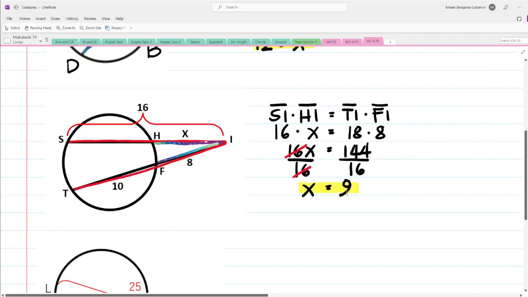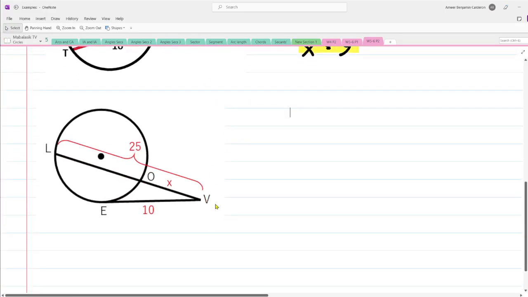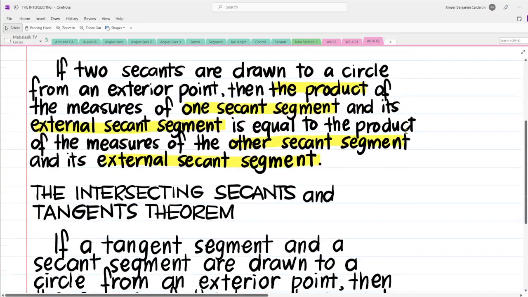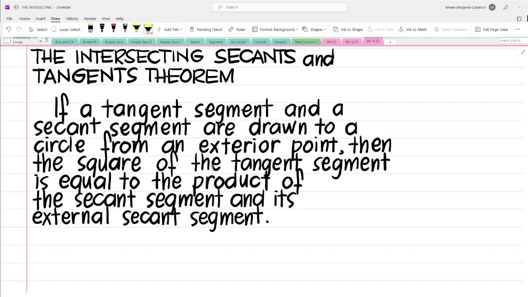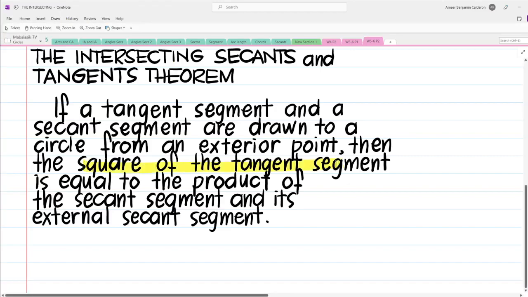Last example. We have here a secant segment and a tangent segment, so let us refer to our theorem. If a tangent segment and a secant segment are drawn to a circle from an exterior point, then the square of the tangent segment is equal to the product of the secant segment and its external secant segment.